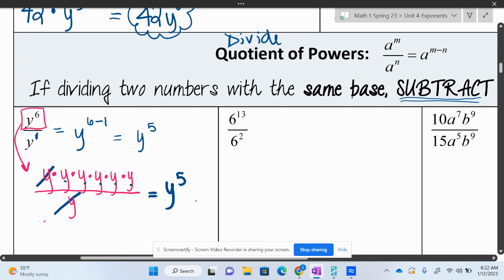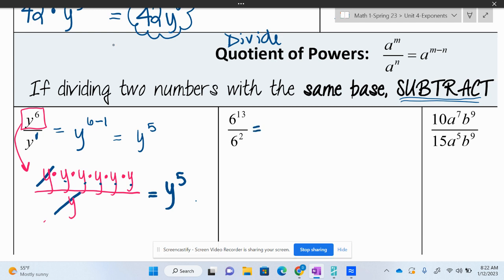Okay. So for this next one, I'm going to expand it first. So 6 to the 13th over 6 times 6.